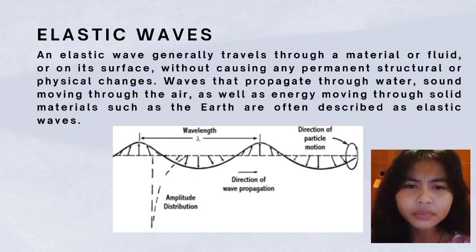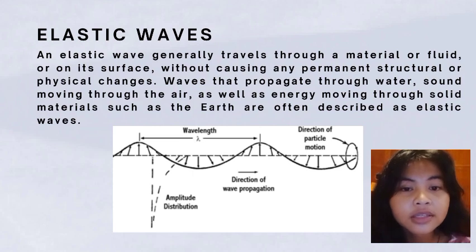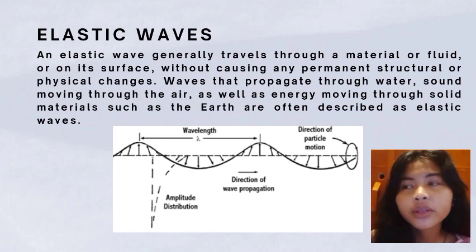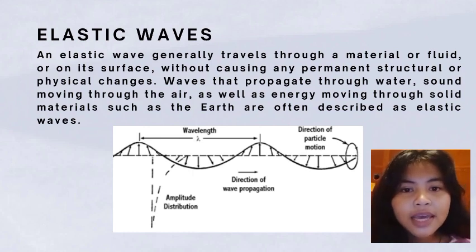Waves that propagate through water, sound moving through the air, as well as energy moving through solid materials such as the earth, are often described as elastic waves. These are the water waves, the sound waves, and the seismic waves. Seismic waves occur when there is an earthquake.